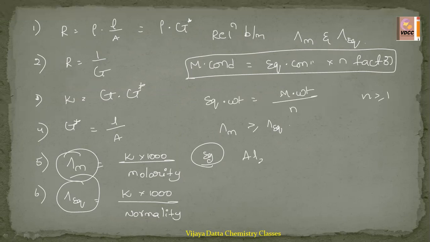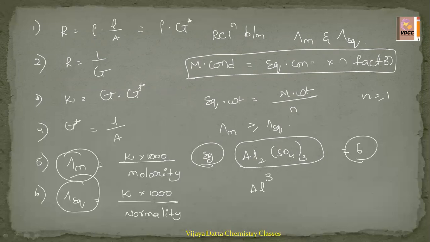Suppose Al2(SO4)3, aluminum sulfate, right? So what is the n value for this Al2(SO4)3? Here the n factor is 6. How it is dissociating is very important: Al3+ and SO4 2-, aluminum 3 plus and SO4 2 minus, but these two are not matching.